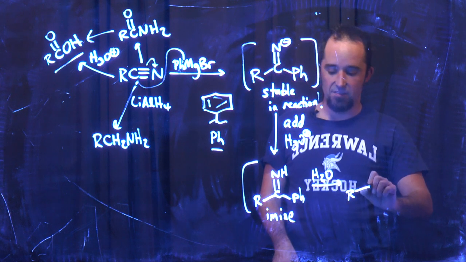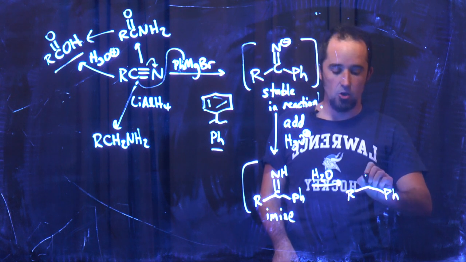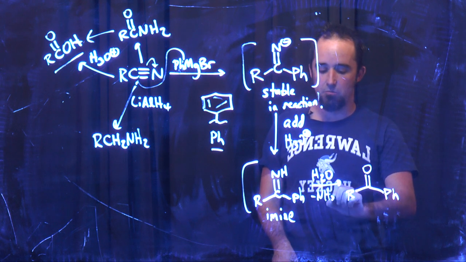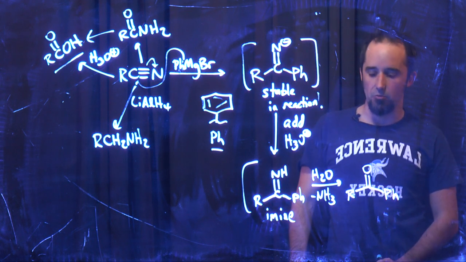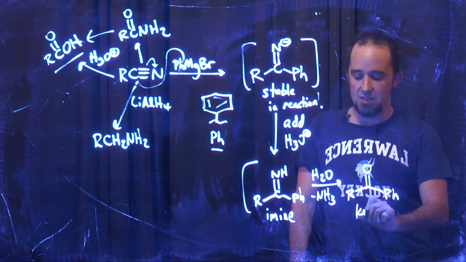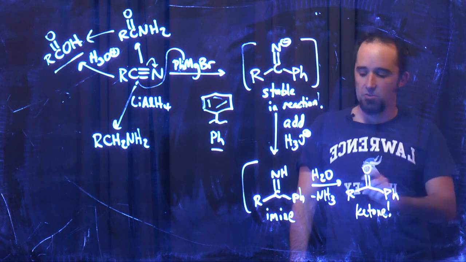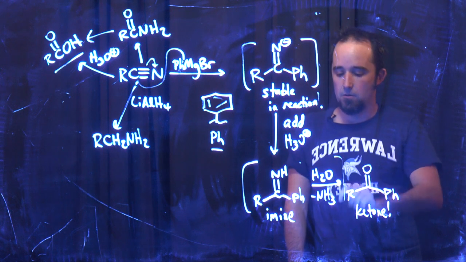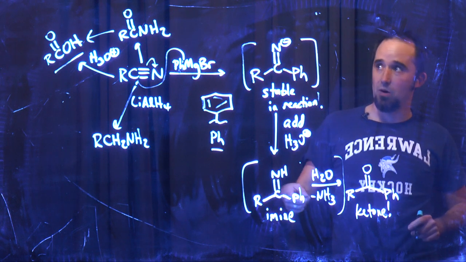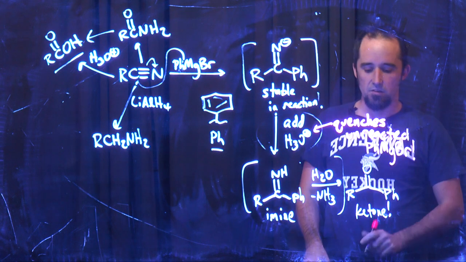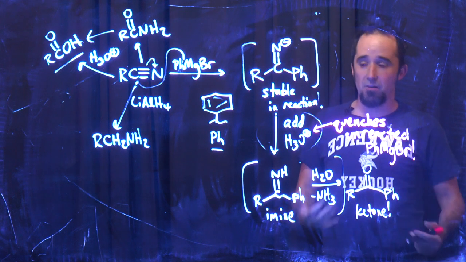In water, this is really quickly going to react, you essentially lose ammonia. You trade out water for ammonia, and you'll end up with a ketone. All right, we'll talk about this mechanism in a few, probably if not the next video, then a couple of videos from now. So this ketone actually is my final product.